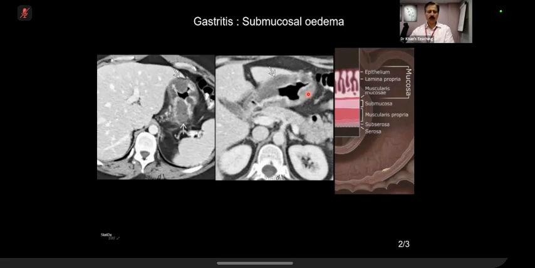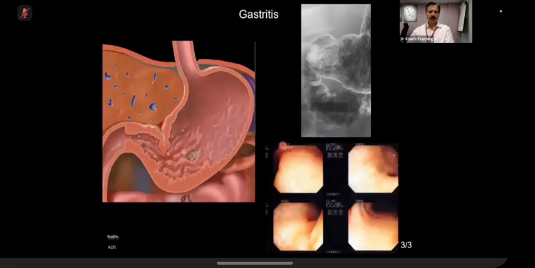I've already pointed out that whenever there is infection or inflammation, you might have fluid attenuation in the submucosa. So this is a sort of a repetition. But coming back to the aphthoid ulcers, they can be seen in, let's say, gastritis. And this is endoscopy. You can see similar.